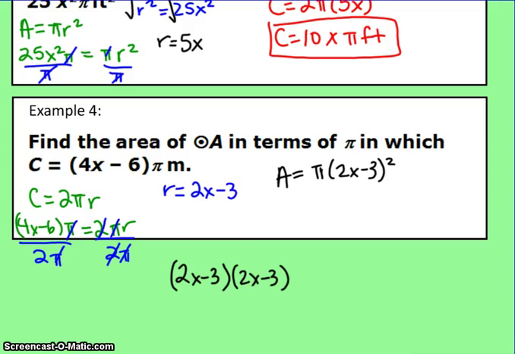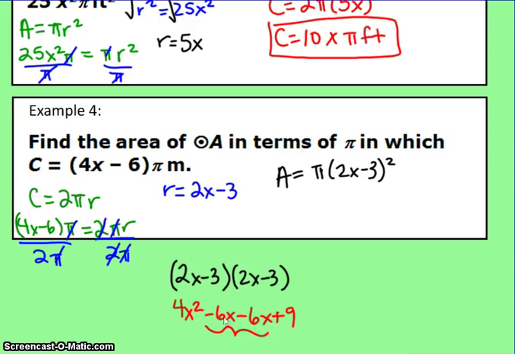So I multiply the first terms and I get 4x squared because 2x times 2x is 4x squared. O stands for the outer terms, so 2x times negative 3 will give me negative 6x. I stands for the inner terms, which are negative 3 and 2x. When I multiply them, I get negative 6x. And L stands for last, for negative 3 times negative 3 is a positive 9.